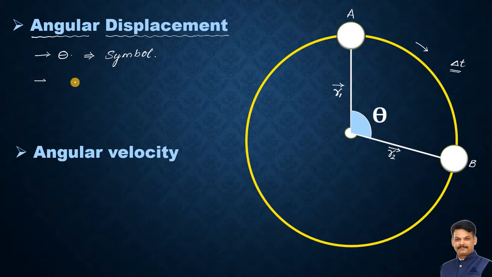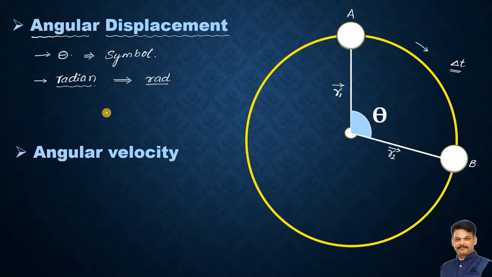After measuring the angular displacement, we need to express it in terms of some SI unit, isn't it? Therefore, radian is the SI unit of the angular displacement, and symbolically it is represented as rad. Radian is symbolically written as rad.